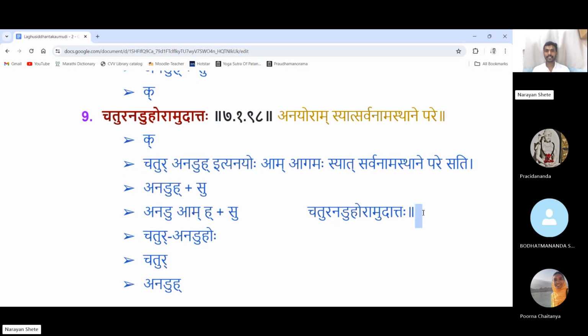It came and it sat after ukara, which is there inside dakara. Makara of am will disappear. Ana, du, a, makara will disappear. Ha, by halantyam.